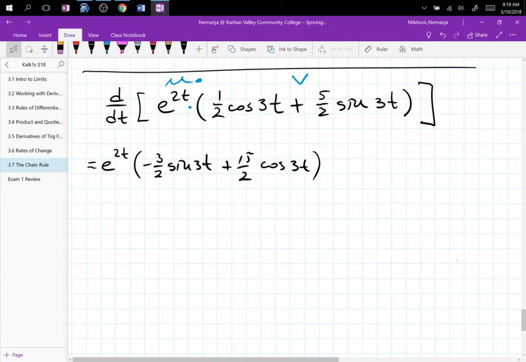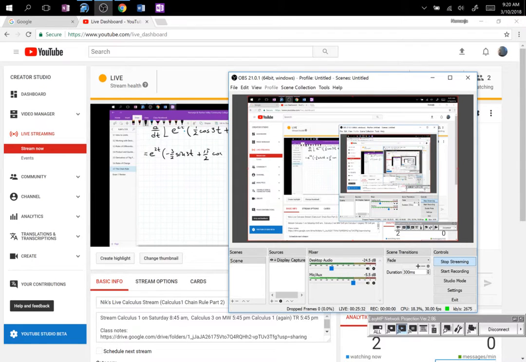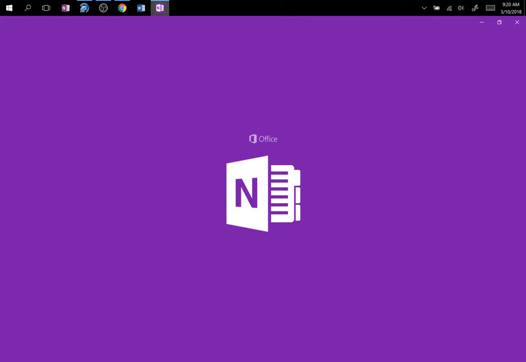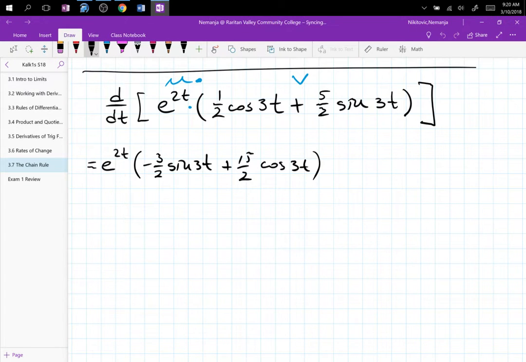Let me just, for some reason it's giving me attitude while I'm writing, so there we go. Hopefully it's fixed. So that's copy the first, derivative of the second, plus copy the second.